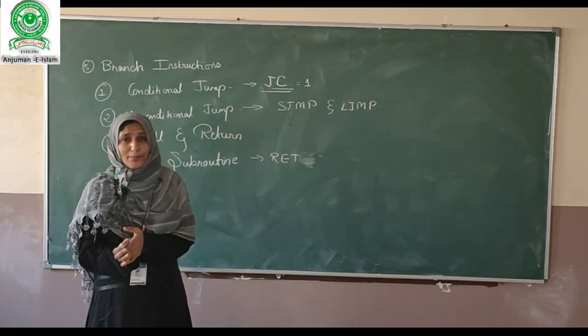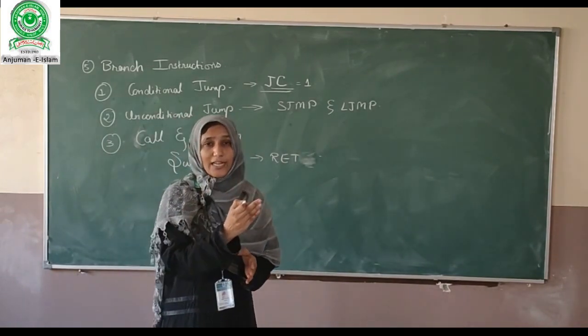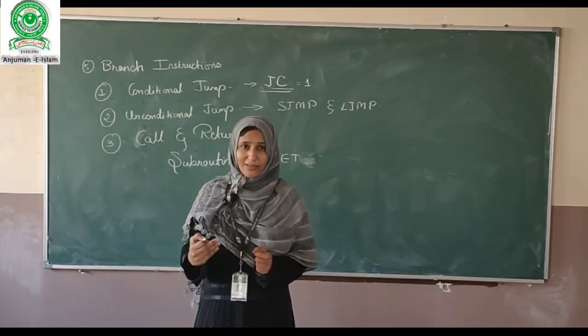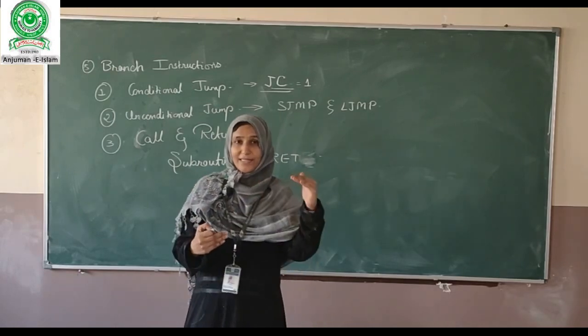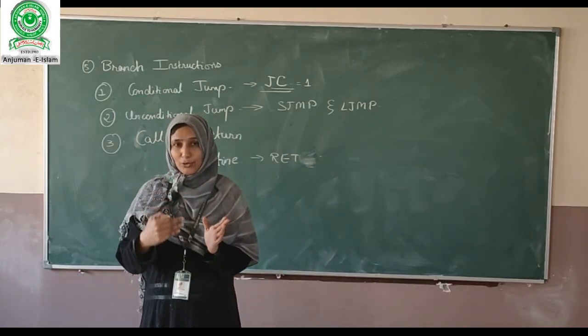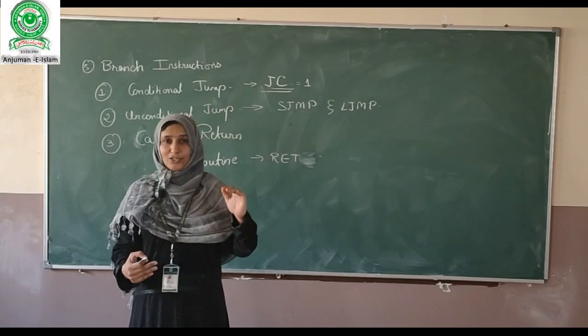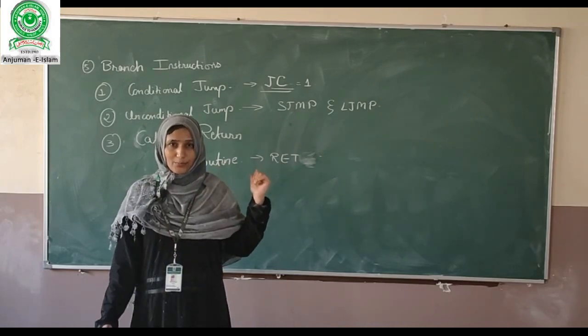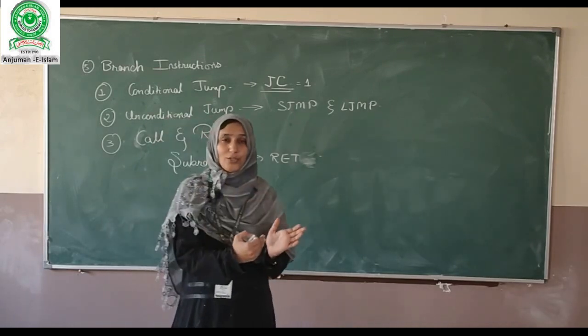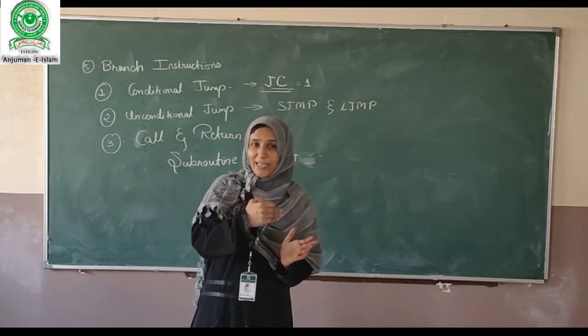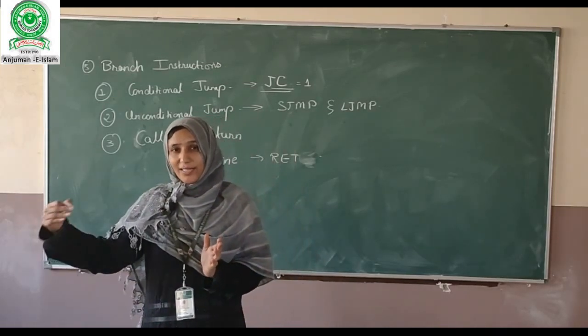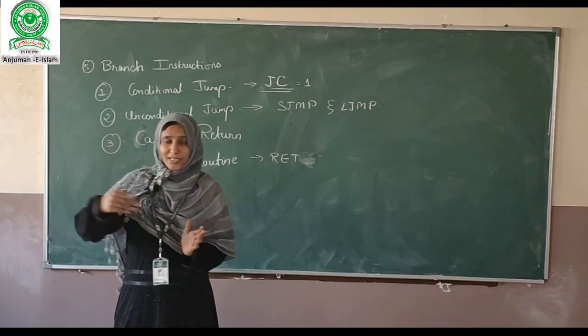This return will make you go back to the program where the subroutine was called. Once you go back there, the next part of the program execution begins from the very next instruction after where you called this subroutine. Again, the program execution continues. Then finally, when the next subroutine is called, it is going to jump to that subroutine.